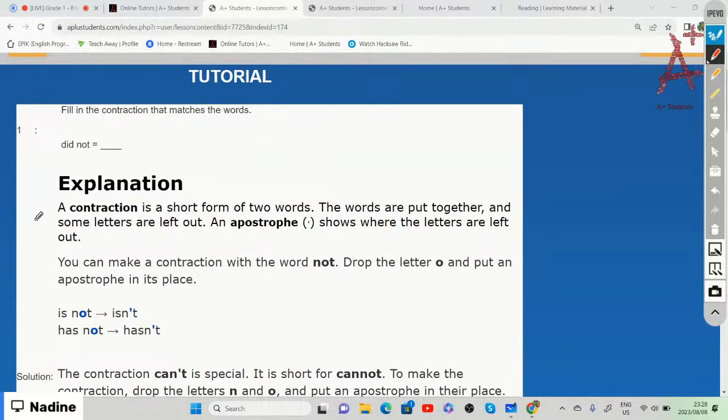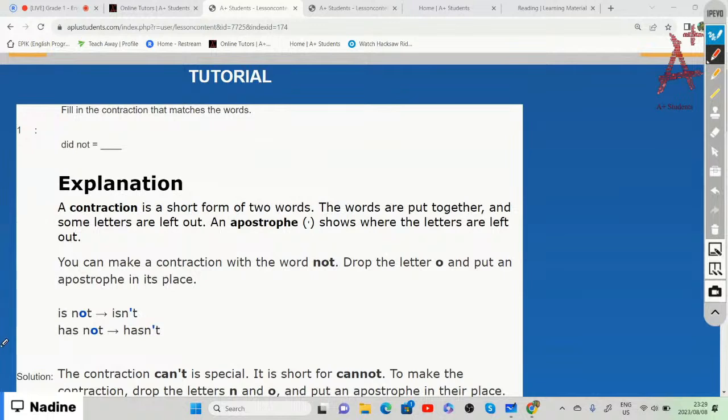An apostrophe then shows where the letters are left out. So a contraction is a short form of two words, put together with some letters left out, and we put an apostrophe to show where the letters are left out.